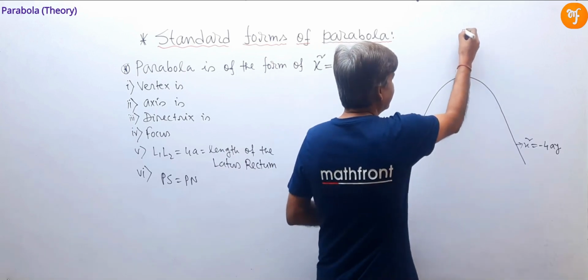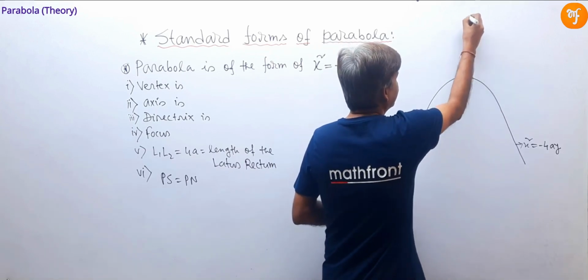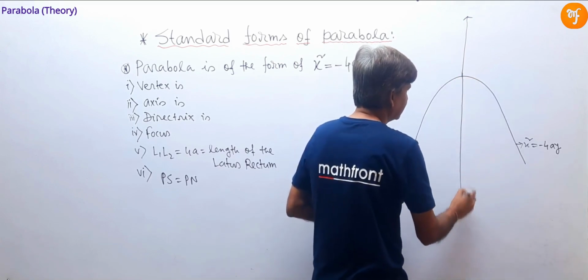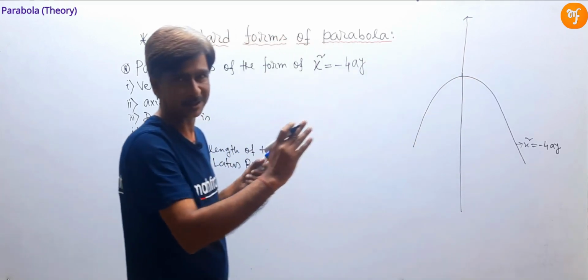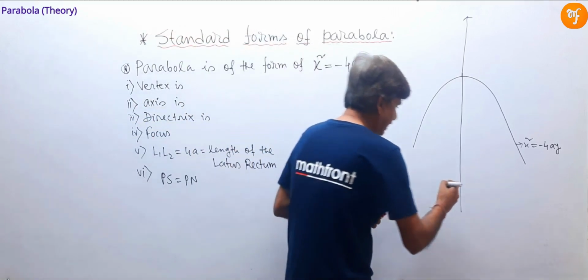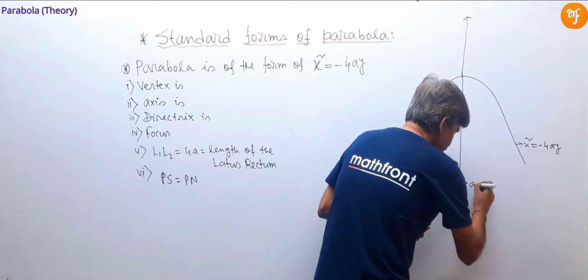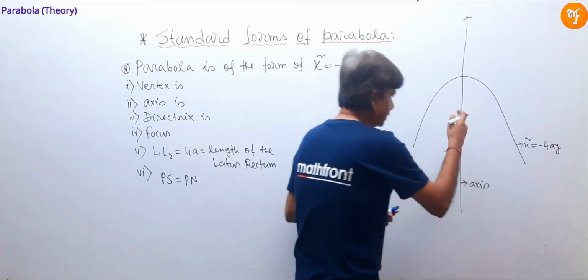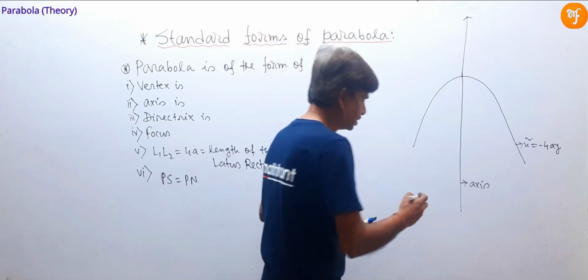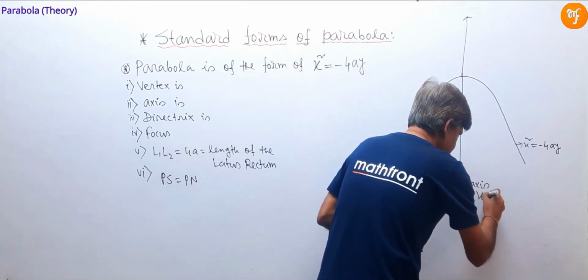Okay, clear? This is the line, the y axis, which symmetrically divides the curve, hence this is the equation of the axis. So the axis of the parabola is the y axis, you can say the negative y axis, and its equation is x is equal to 0.